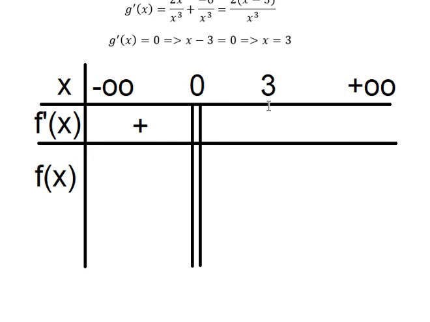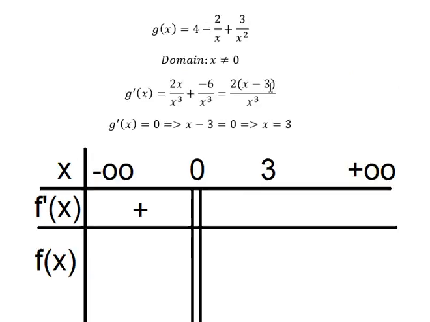Next, from 0 to 3, we choose 1. 1 minus 3, you get negative 2. Negative 2 divided by 1, so you get negative. So from 0 to 3, the first derivative is negative.